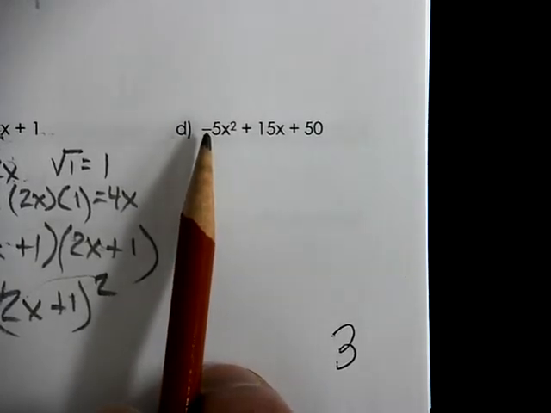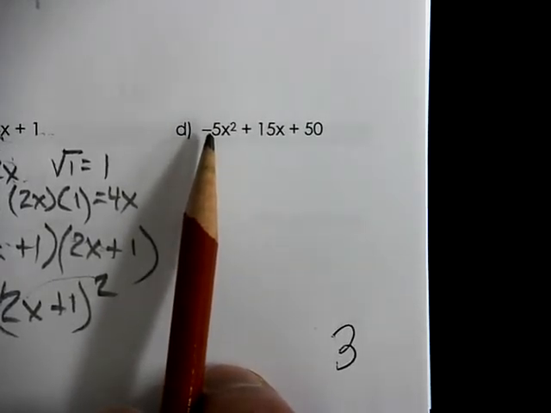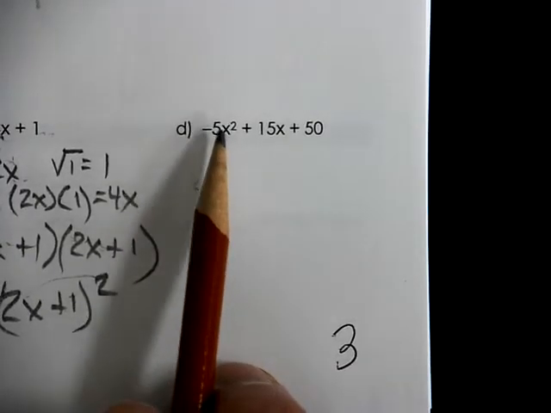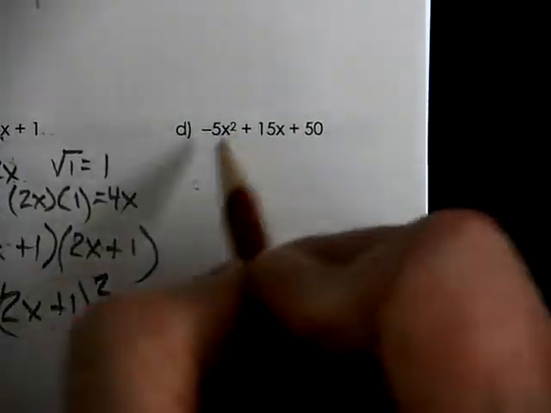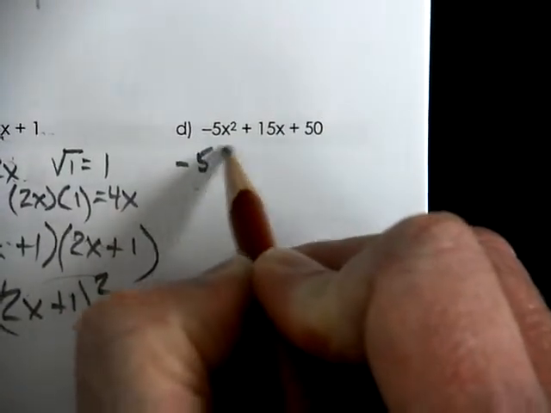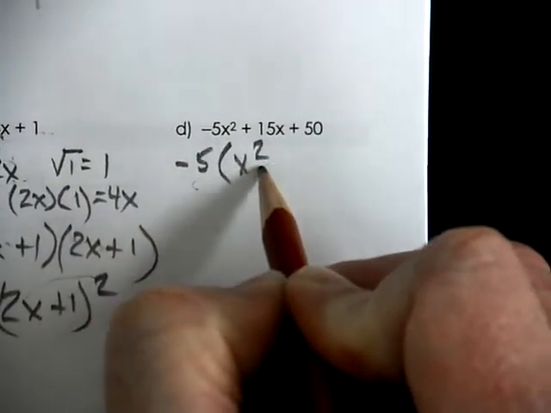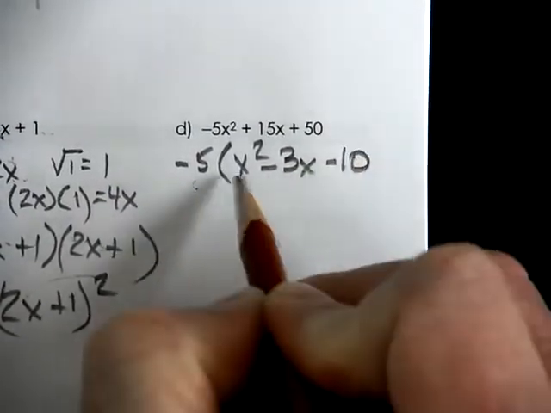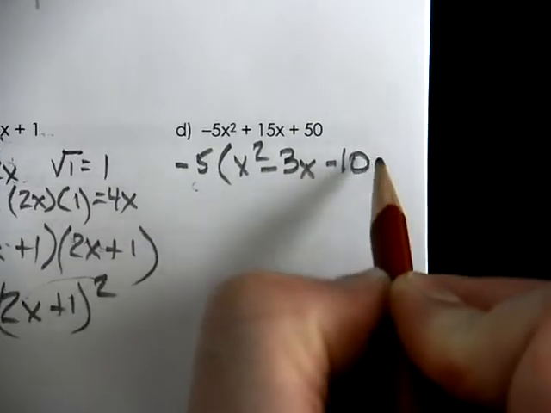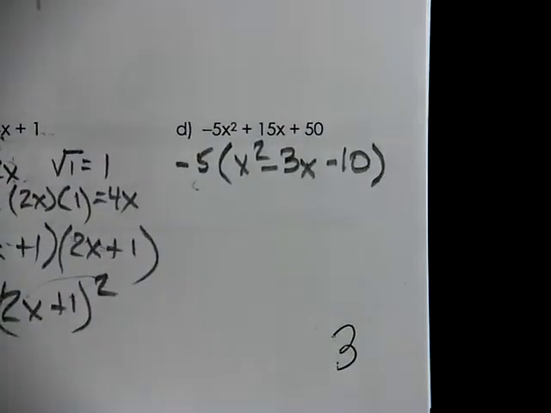But it also has a negative in front. I don't like the negative in front. But I also notice that everything's divisible by 5. So I'm going to factor out my GCF like so.